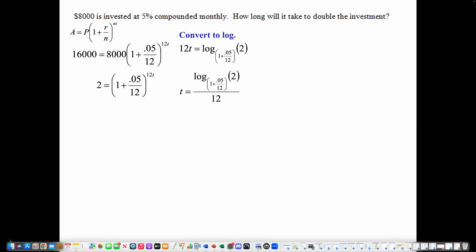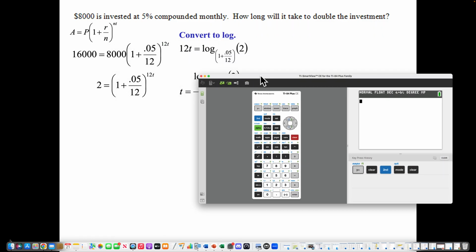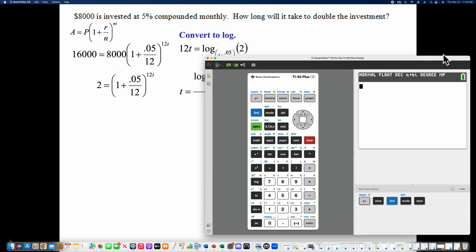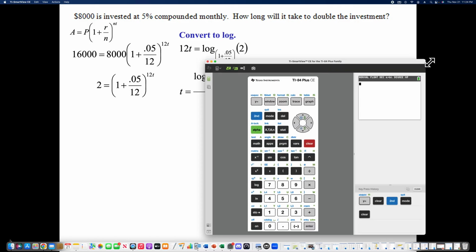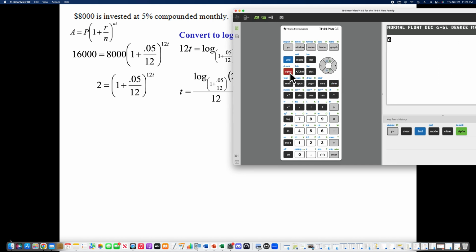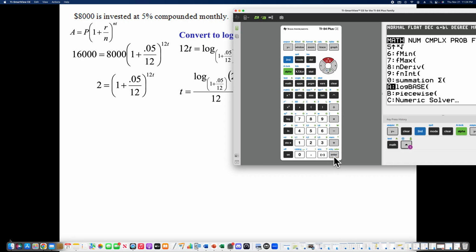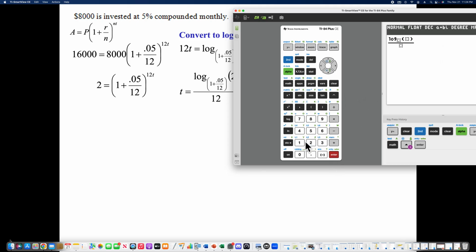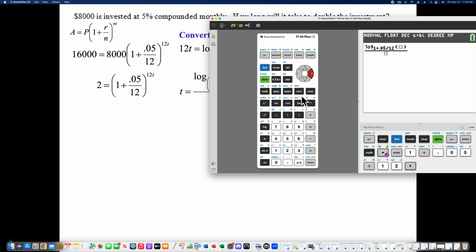So again, with this one, because it's a big fraction here, I would definitely opt to type it in with alpha, y equals, get a fraction. Math, go to your log base, and we need 1 plus 0.05 divided by 12. Then it's of 2, so 2 in those parentheses.